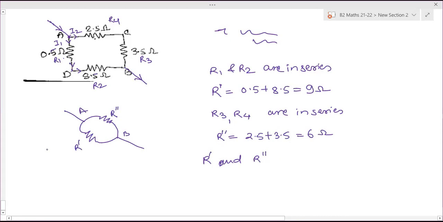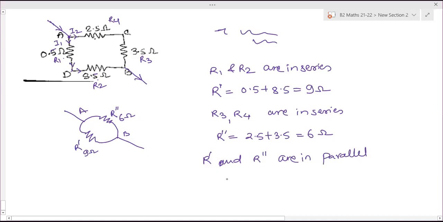How are they connected? R dash is the total of R1 and R2, and R double dash is the total of R3 and R4. They are in parallel, so 9 ohm and 6 ohm are in parallel.